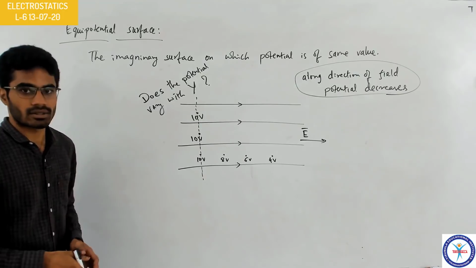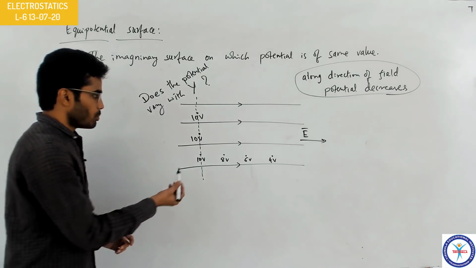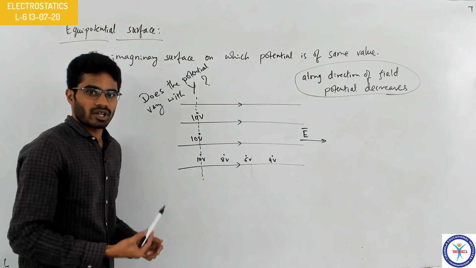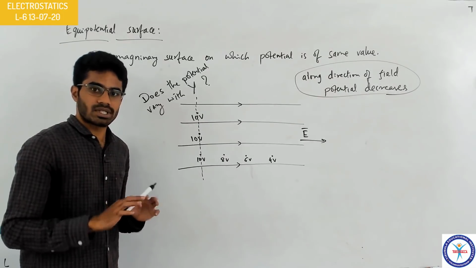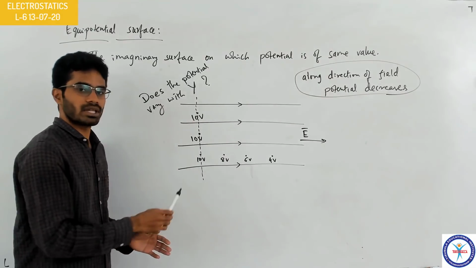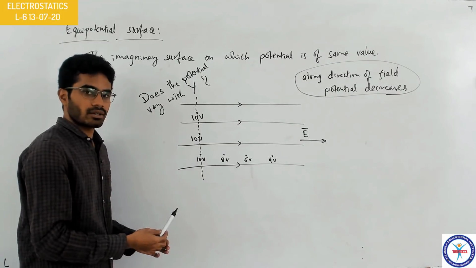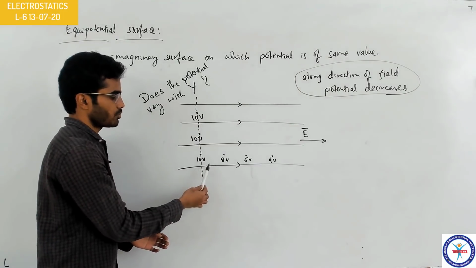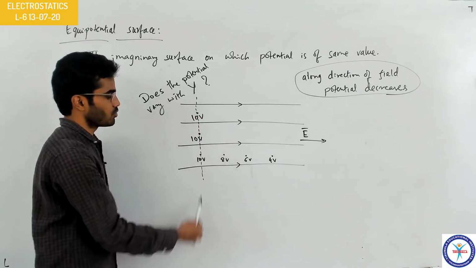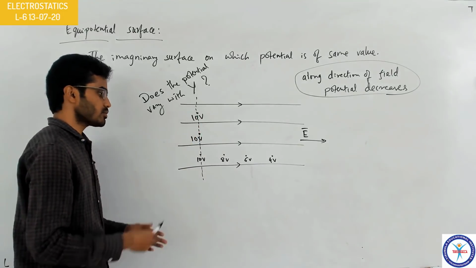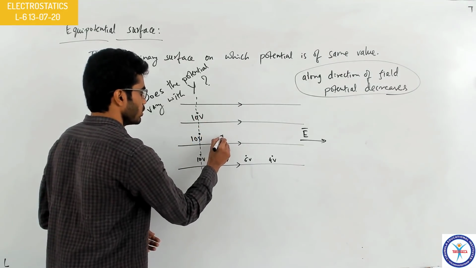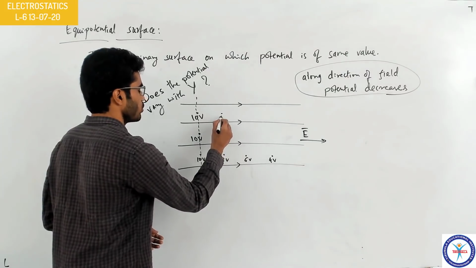Do you understand this? Because the field is absent along the y-axis, the potential does not change along the y-axis. The potential at every y point will be the same, right? At a particular x, if you have some value, it will not change with y. Similarly, here you will have 8 volts, 8 volts.